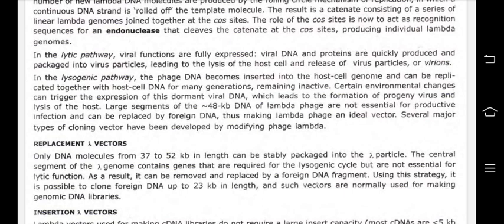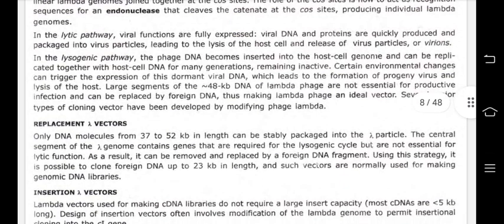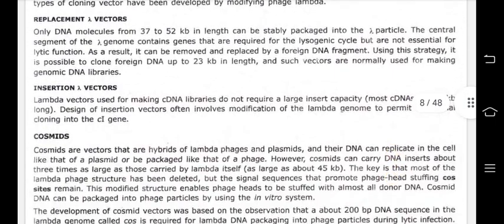The central segment of the lambda genome contains genes that are required for the lysogenic cycle but are not essential for the lytic cycle. As a result, it can be removed and replaced by a foreign DNA fragment. Using this strategy, it is possible to clone foreign DNA up to 23 kb in length, and such vectors are normally used for making genomic DNA libraries.